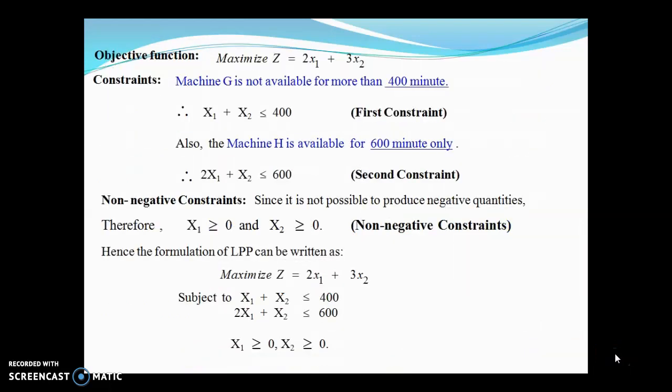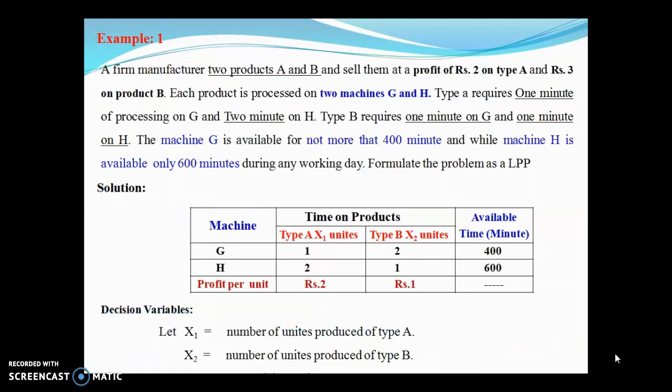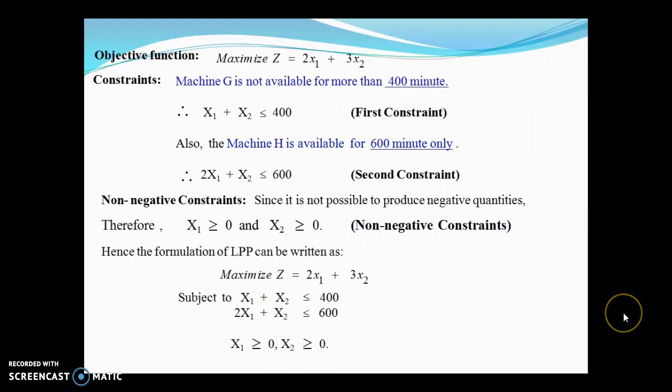Then how to write the objective function? Our problem is to maximize the profit, 2 rupees and 3 rupees. Then we write the objective function: maximize z equals 2x1 plus 3x2.